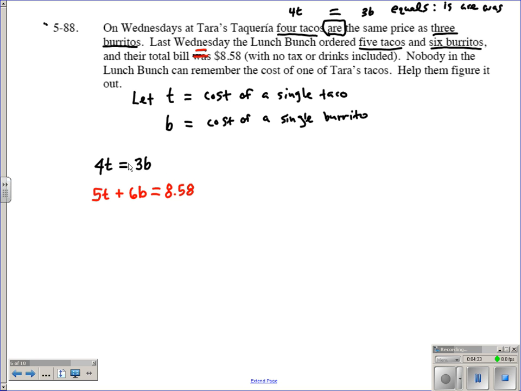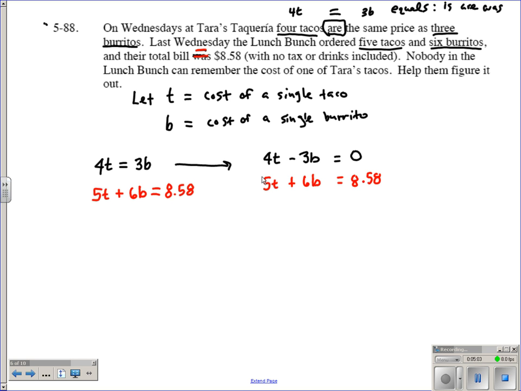I'm going to subtract my 3B from each side, so I'm going to have 4T minus 3B equals 0. And right now I still have my 5T plus 6B equals 858.